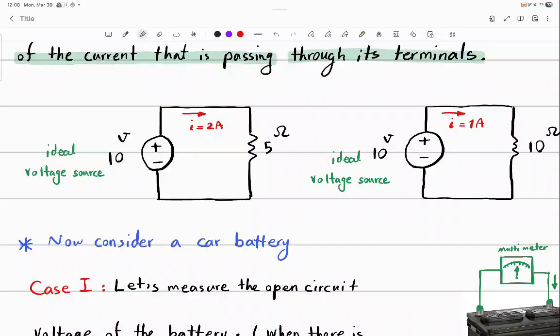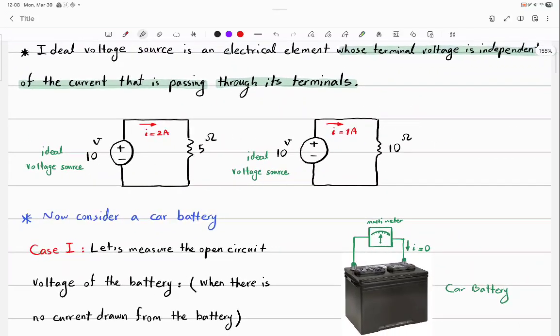A resistor. A resistor, depending on how much current passes through it, will change its voltage, right? So a practical voltage source is an ideal voltage source in series with some resistor. And that resistor is usually called the internal resistance of the device. Where does that come from?